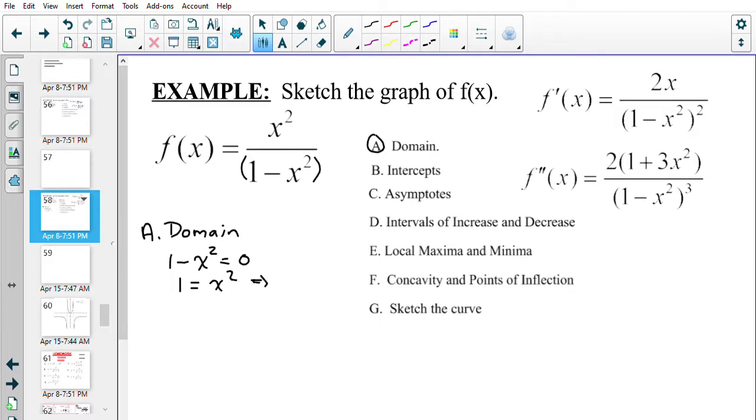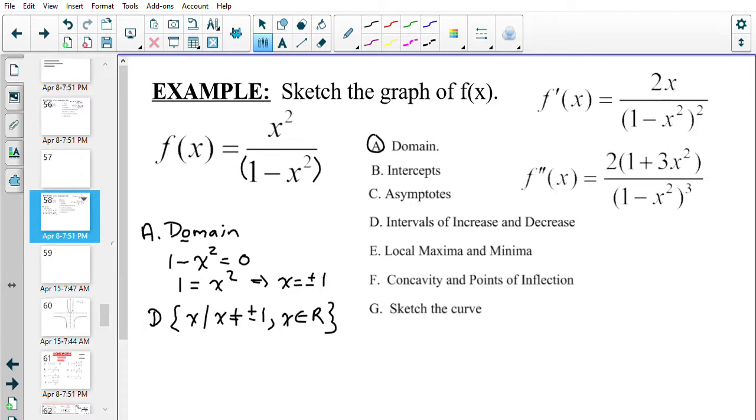By taking the square root, you get plus or minus 1 as two values that are not allowed in this function. So your domain would be x values such that x cannot equal plus or minus 1, where x is a subset of real numbers. So we've defined the domain of the function.